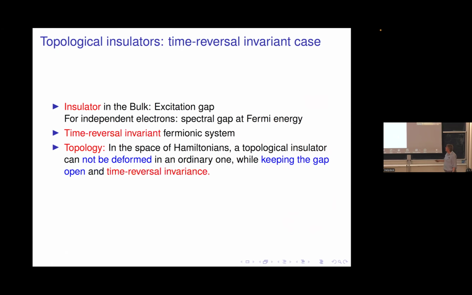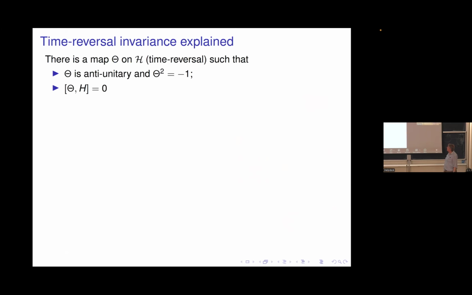But now we have time reversal as a symmetry that comes on top. There is a map theta on the total Hilbert space called time reversal that is anti-unitary. That's the way time reversal is implemented in quantum mechanics. It squares in principle to +1 or -1, and fermionic means that it squares to -1. It should be a symmetry of the Hamiltonian, therefore it should commute with the Hamiltonian.